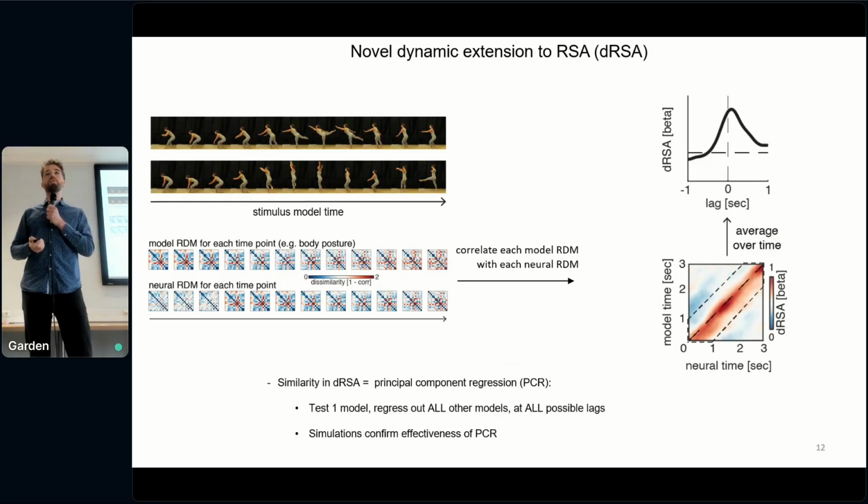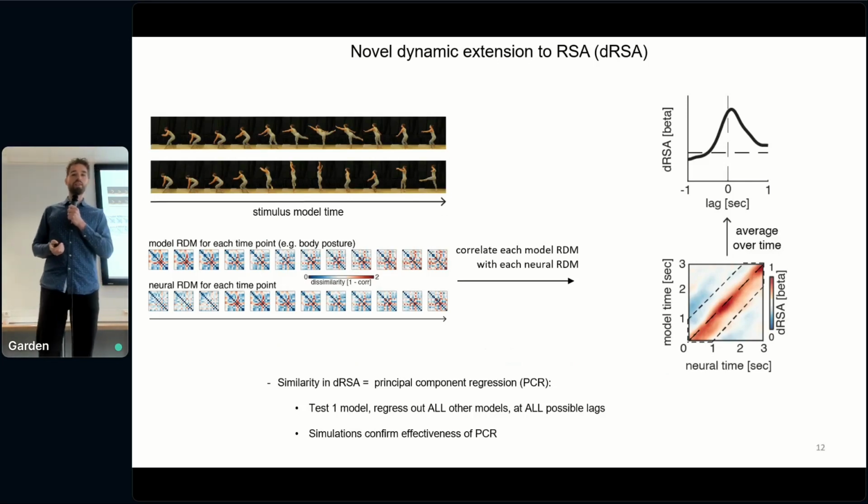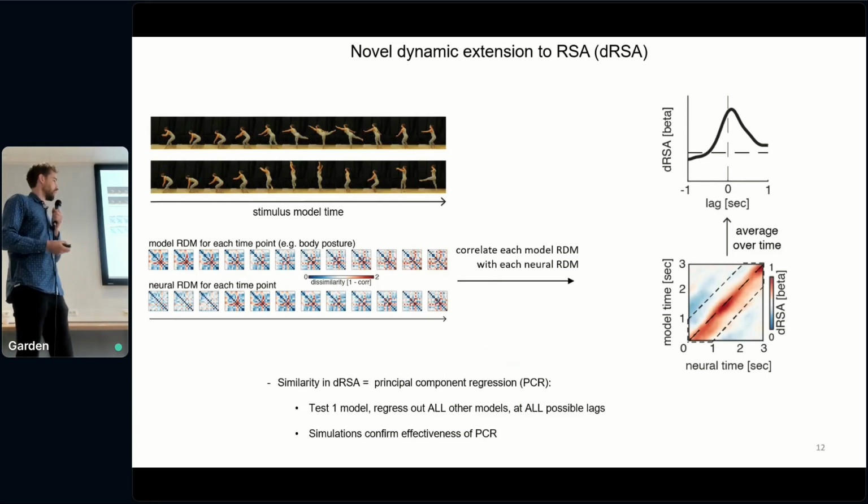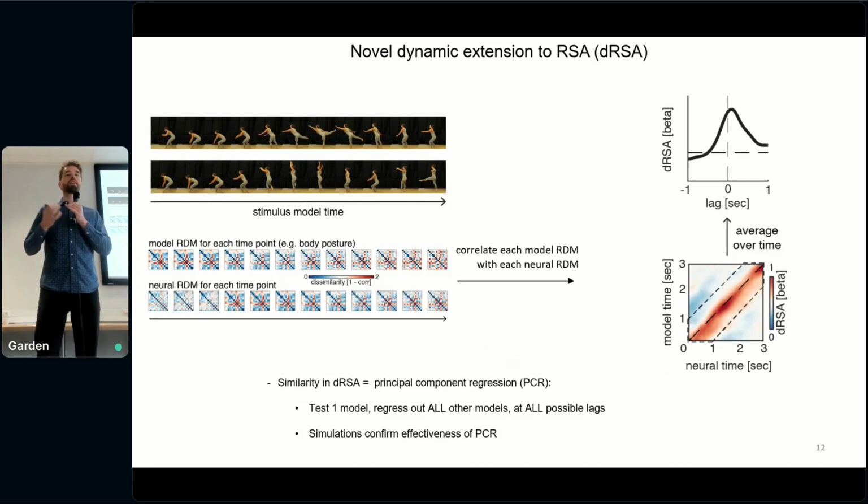Right, so one more thing that is quite important in general for RSA, but also specifically for dynamic stimuli, is that I just explained that you can use a correlation to compare the model representation and the neural representation. But of course, the stimulus, you can describe or characterize it with different models. It has different features.